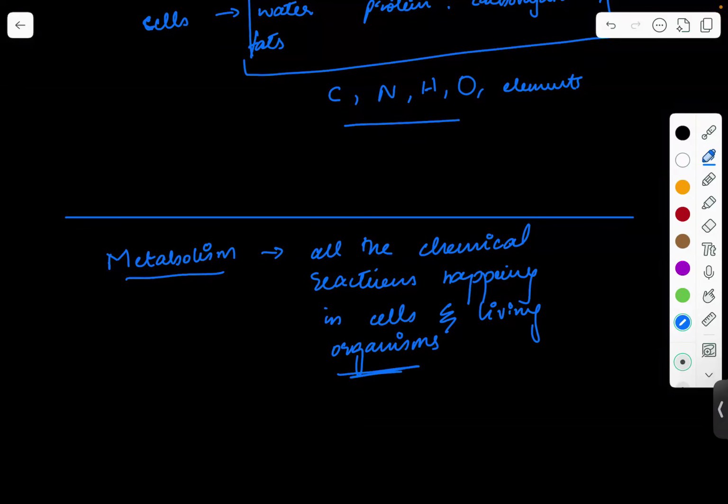All of these is what makes up living organisms. So and their interaction is what leads us to do activities, to breathe, to reproduce, to create waste like excrement and so on and so forth. So what is the term that encompasses all these interactions, all these chemical reactions happening in your cells and living organisms?